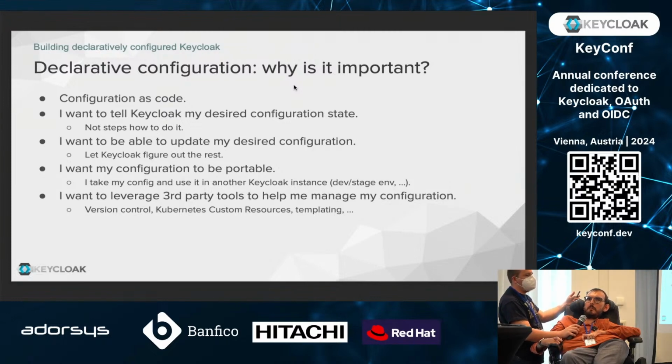Maybe I want to store my desired state of configuration in GitHub or Git in general. I want to leverage GitOps. Maybe I want to have some extensive approvals flow. I want to use the operator, that's also a declarative configuration. Maybe I want to template my configuration. It's all third-party tools from the perspective of people.